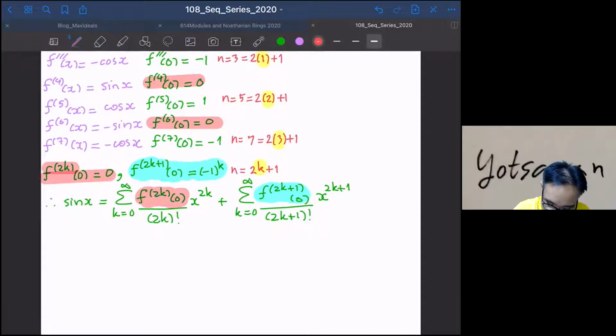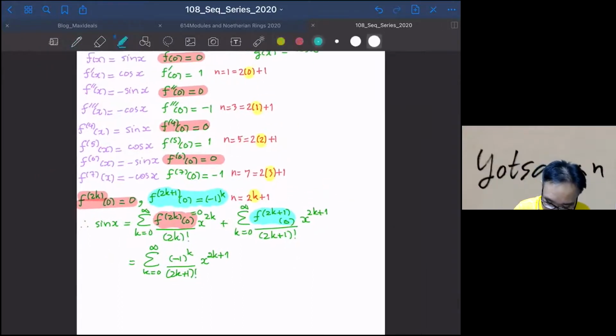So I'm just going to write the final answer. This guy turned out to be equal to 0, so they are gone. So it's going to be the sum, k equals 0 to infinity, of negative 1 to the k over (2k+1) factorial, times x to the 2k plus 1.